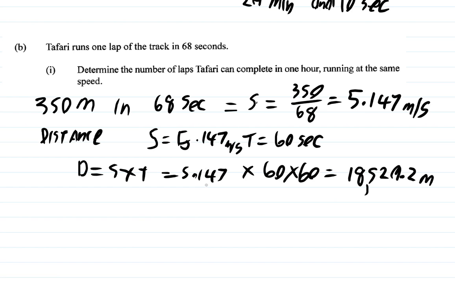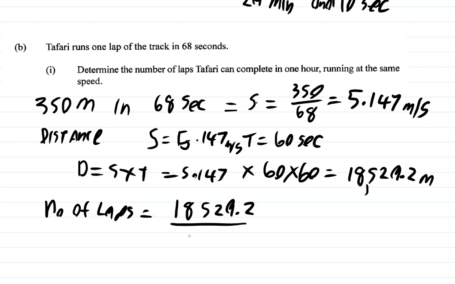But anyway, here, what we do now is find how many laps are in this. So, number of laps equal. 1 lap is 350 meters. So, how many 350 meters are in 18,529.2 meters? I have to divide 18,529.2 meters by 350 meters.